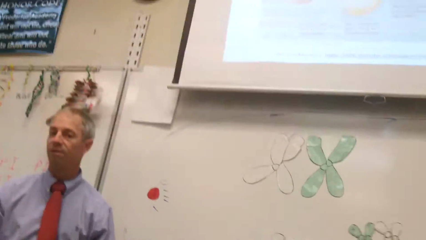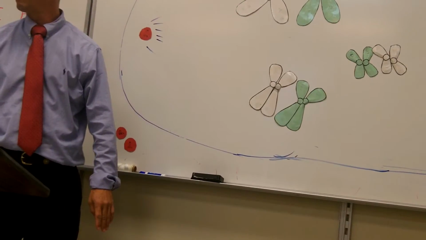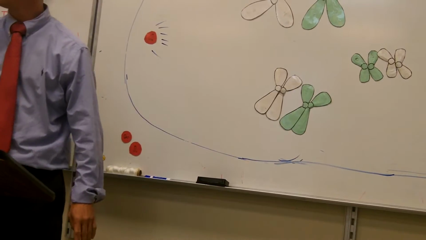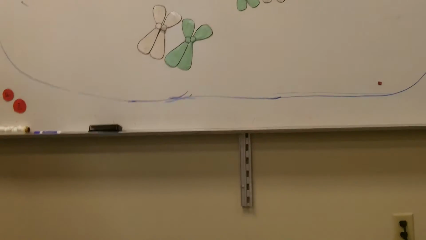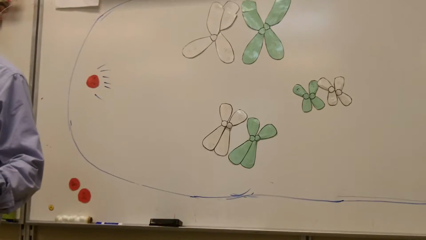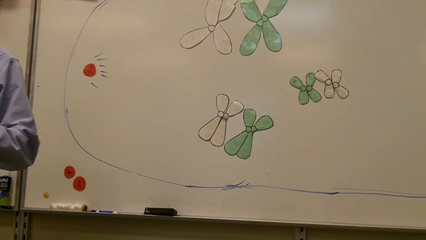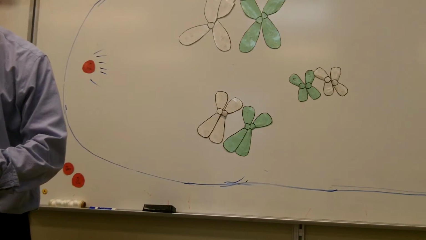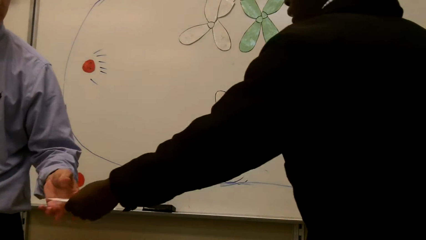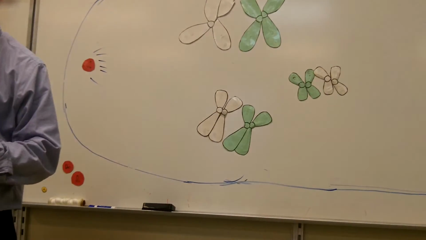Get 5 points for one. No, I need the one that you have. Bring it here. White, not right. How you doing? Green, got the other one. Oh, thank you.